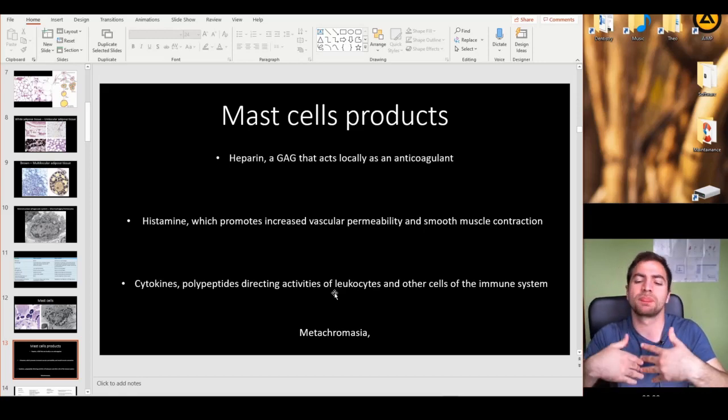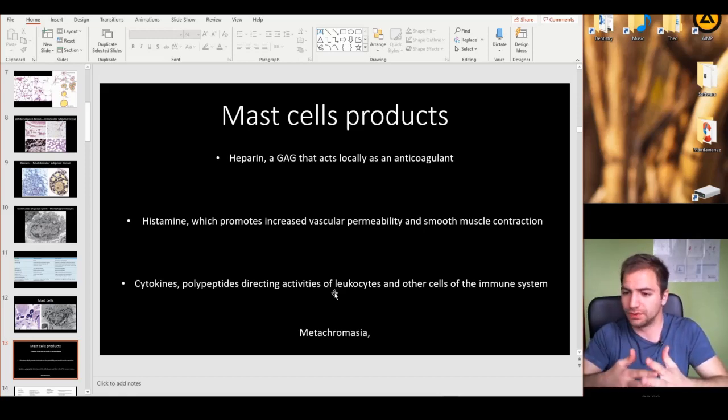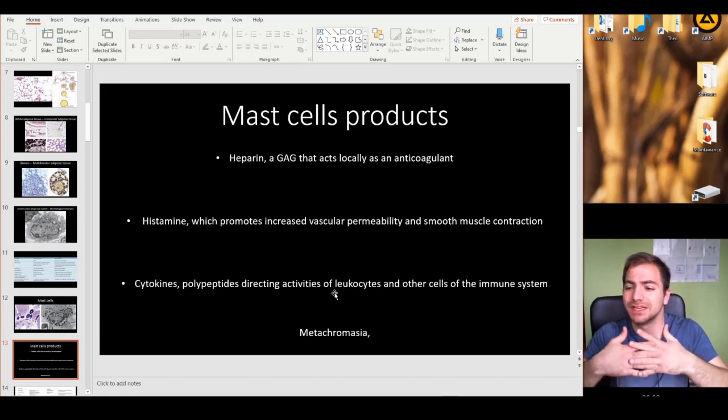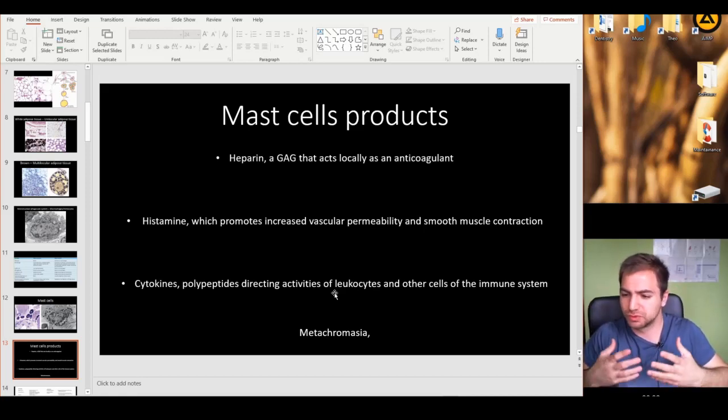skin surface. And the second and much more important, more possibly fatal action of the histamine is the smooth muscle contraction, because our respiratory system is filled with smooth muscles.